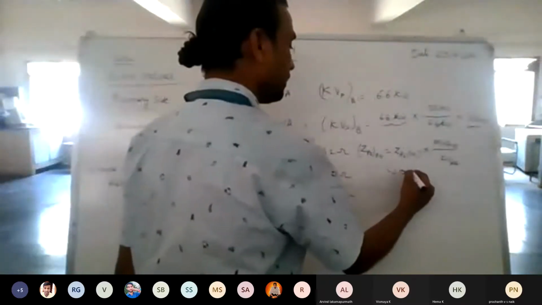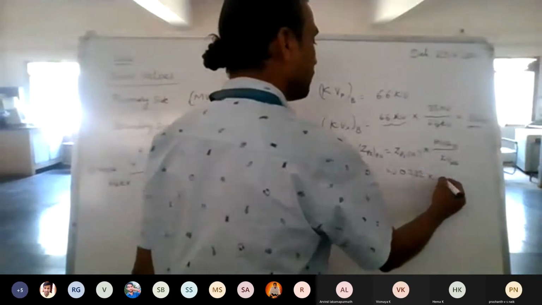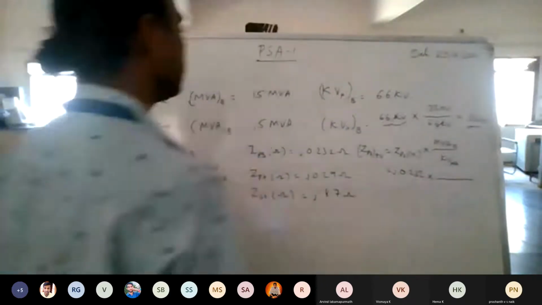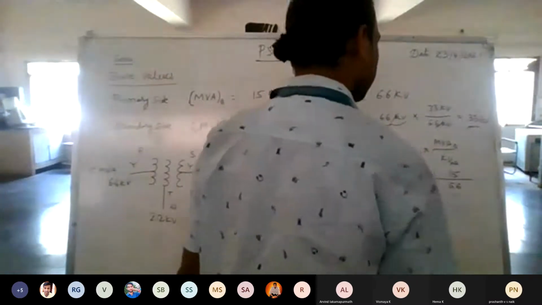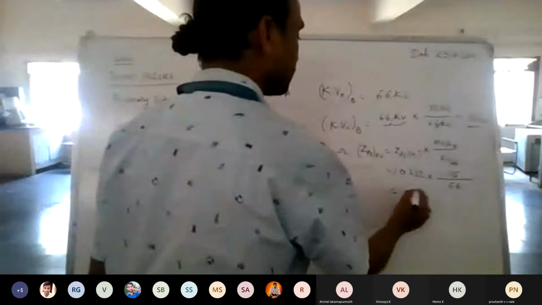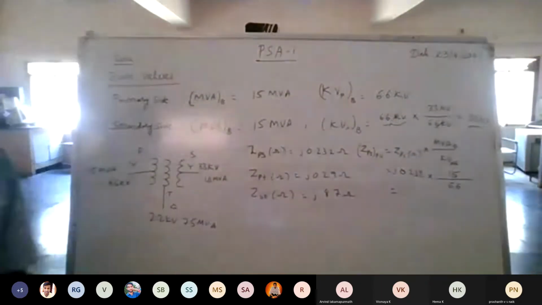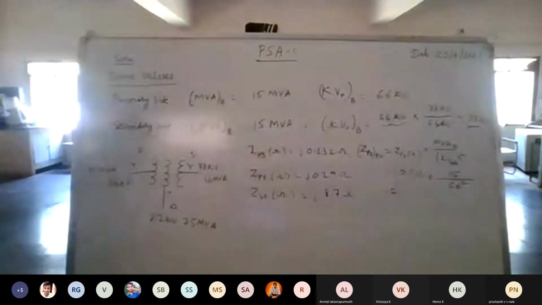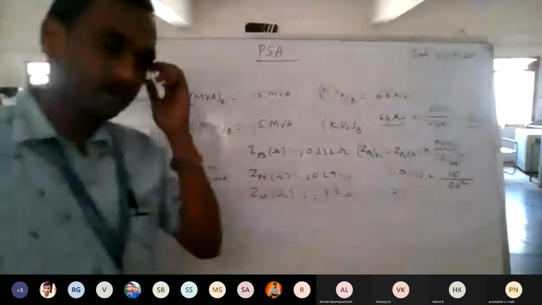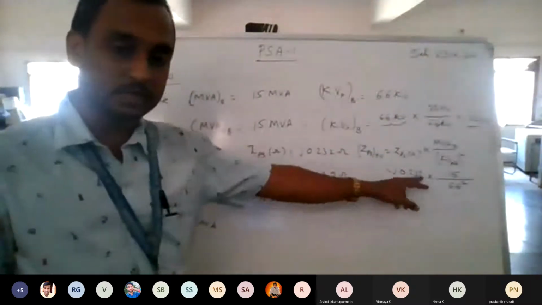J0.232, multiplied by the MVA rating for primary, 15 MVA. What is the primary voltage? 6.6 kV. So calculate this: 6.6 square. Keep your calculator in complex mode and calculate it.